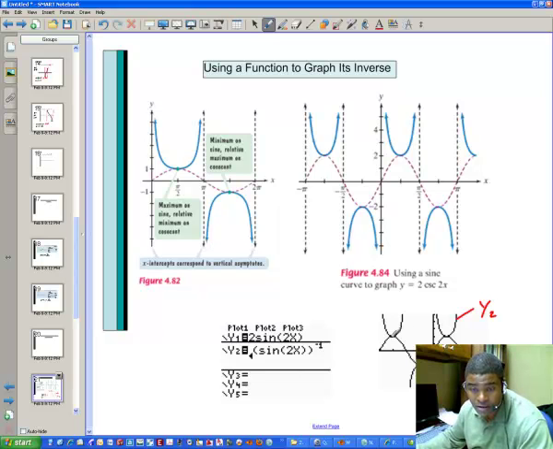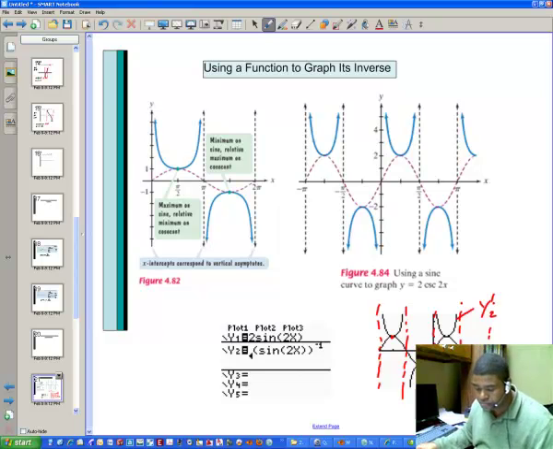If you look here, what becomes a max for the sine is actually a min point for the cosecant, and what becomes a min for the sine is actually a max. And I can put some vertical asymptotes in here, here's one at 0, and here's one here, and here's one here. So you can see where the vertical asymptote lies as it relates to this particular function.